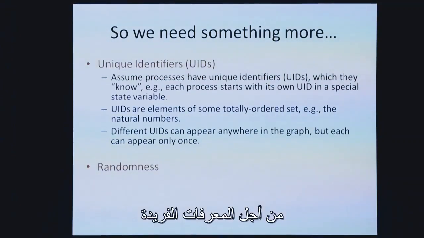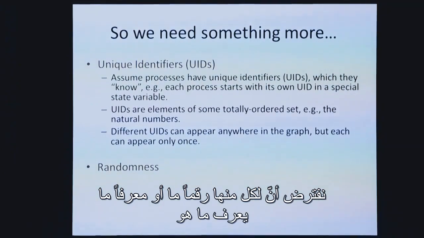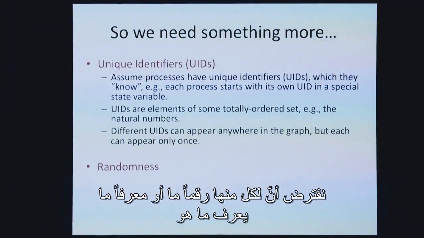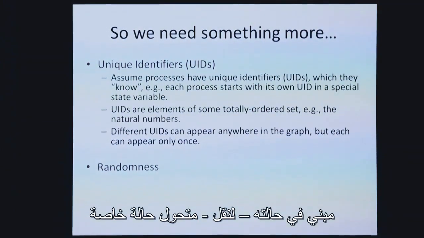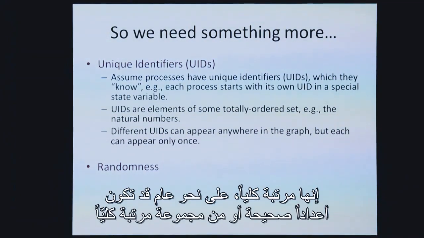Okay, for unique identifiers, you assume everybody has some number or some identifier that it knows. It's built into its state, let's say, a special state variable. They're totally ordered generally. They could be integers, or from some totally ordered set.